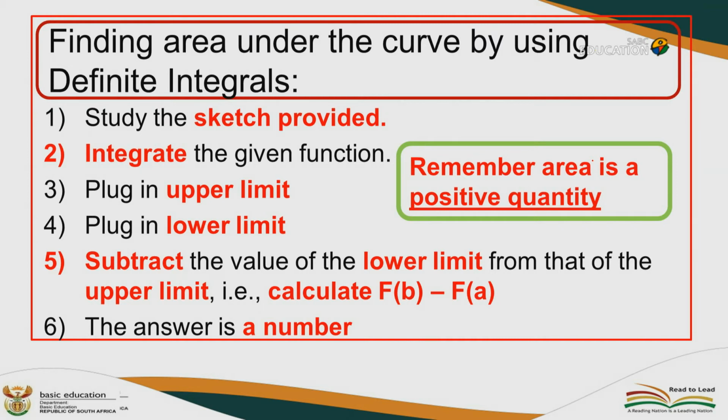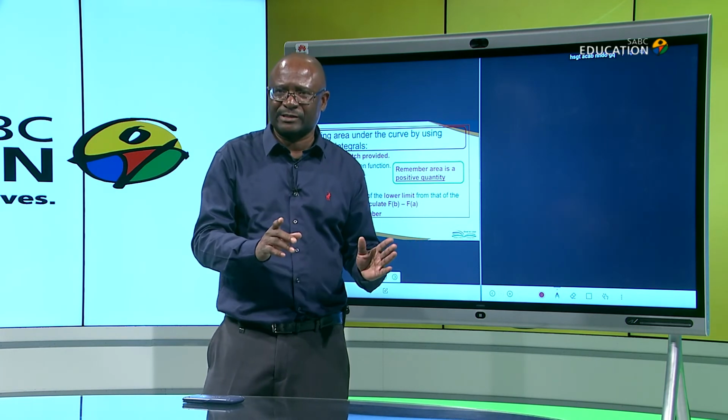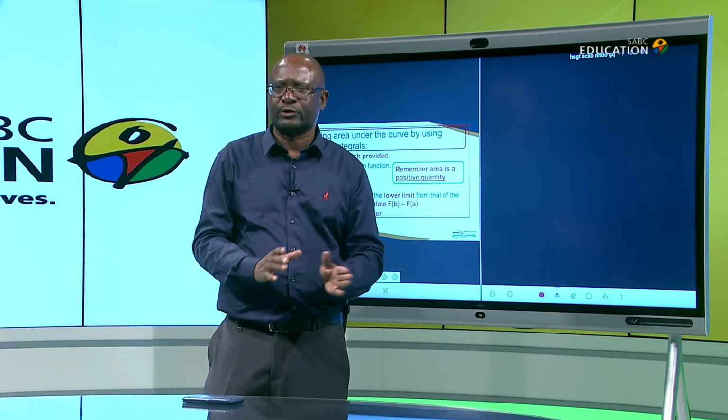Thirdly, substitute the upper limit, substitute the lower limit, and then subtract the value at the lower limit from the upper limit. That is, calculate f of b minus f of a, and your answer must be a number and not a function. If your answer is a function, it means somewhere, somehow you got it wrong.